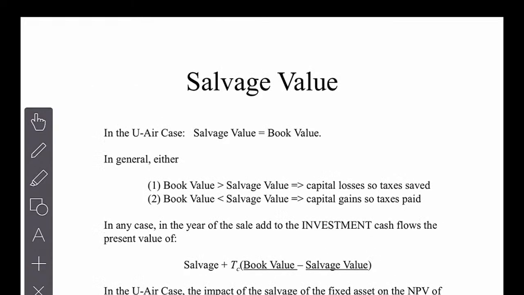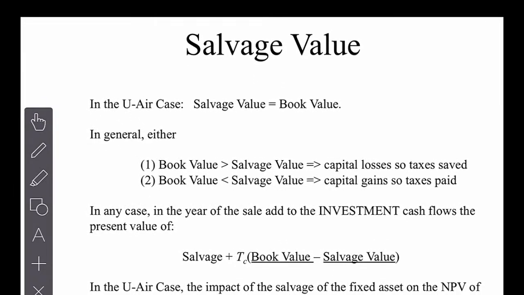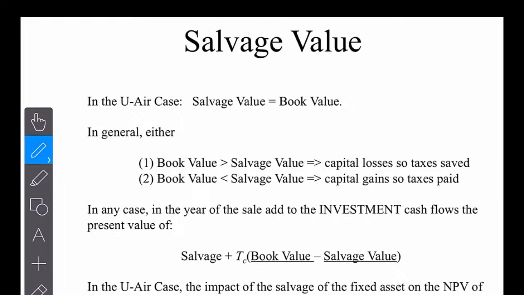Okay, so we need to talk about something. The book value. What do we do with the book value? I'll give you a little equation that you're going to put on your formula sheet. Put this equation on your formula sheet. This is what we're interested in.